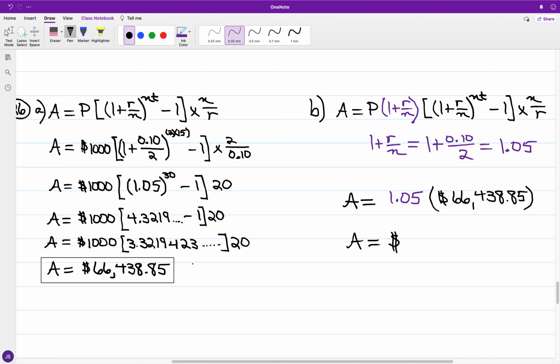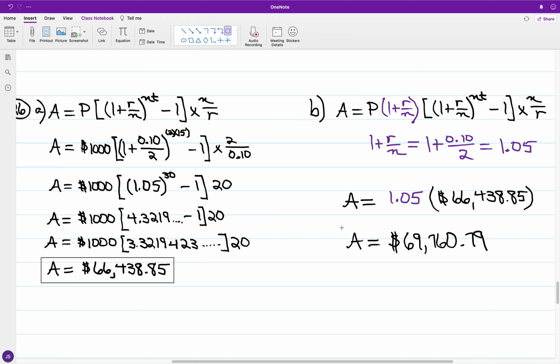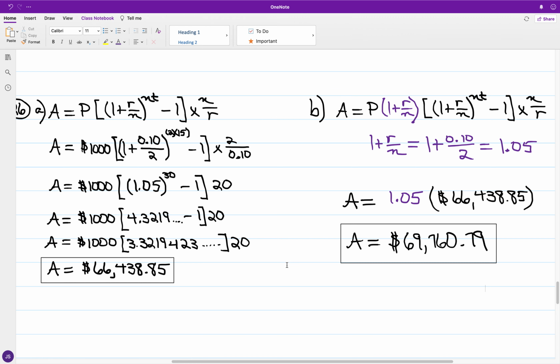You have going from 66,438.85 to, again, the maximum attainable, which we have right at $69,760.79. So for number 26, you're looking at future value.